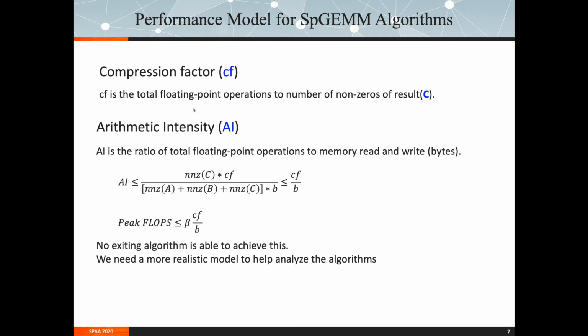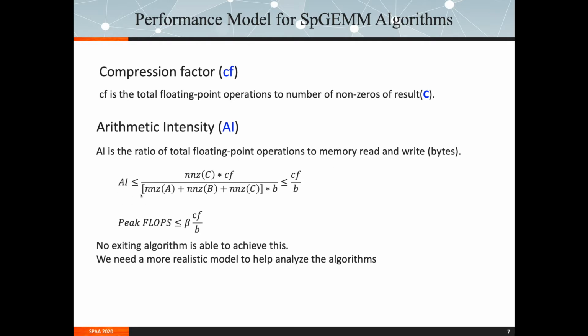Before I get to the model, let me introduce two very important concepts. The first one is compression ratio, or compression factor. It is the ratio of total floating point operations to the number of non-zeros in the result. The higher the CF is, the more flops will be merged during multiplications. Another one is arithmetic intensity. AI describes how much work you can do given a certain amount of memory movement. More formally, AI is the ratio of total floating point operations to memory reads and writes.